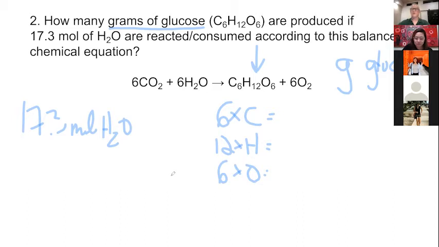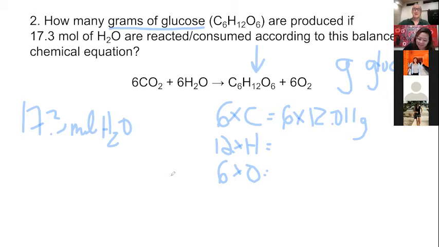What's the mass of a mole of carbon? 12.0107. Or I think it's 11. I did my calculation for 11, so I'm going to stick with it.